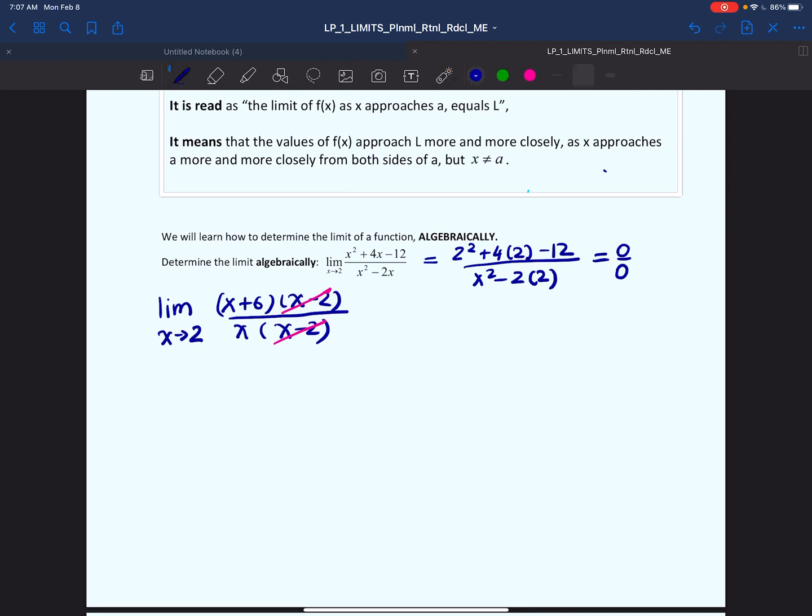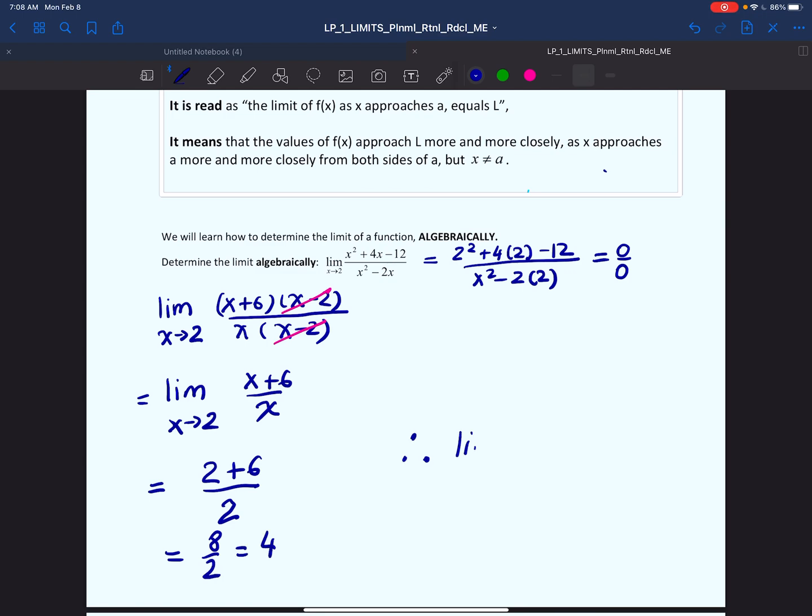So now the limit has changed to become the limit as x approaches 2 of (x plus 6) over x. Now we're going to try to substitute x by 2 and see if we can evaluate this expression. So 2 plus 6 over 2 would equal 8 over 2, or 4. So therefore, the limit as x approaches 2 of (x squared plus 4x minus 12) over (x squared minus 2x) equals 4.